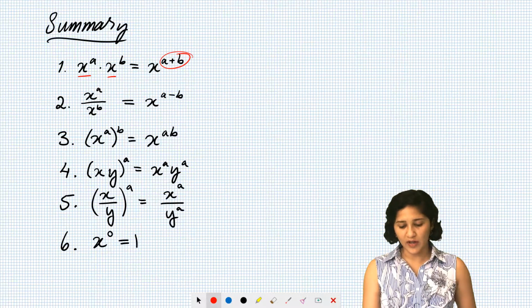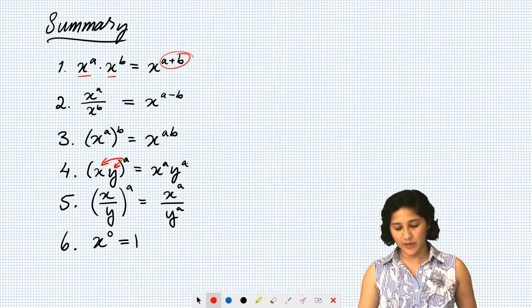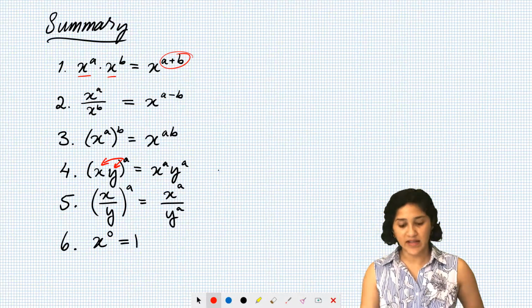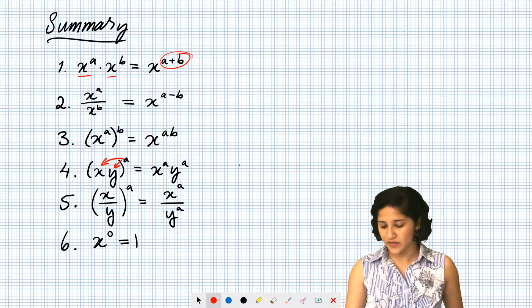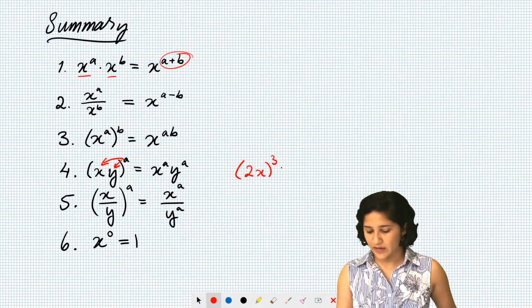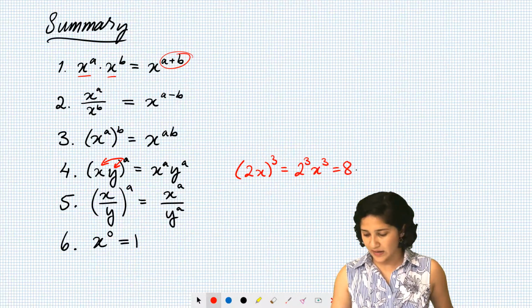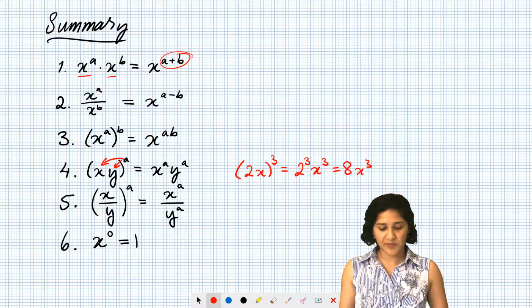If you've got a product with a power, then the power distributes over the product. So each thing inside gets the power. And that works exactly the same if one of these things is a number. So if we had (2x) to the power of 3, that would become 2 cubed x cubed. So 8x cubed. All right?